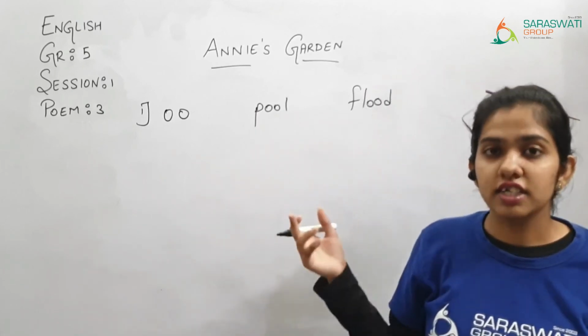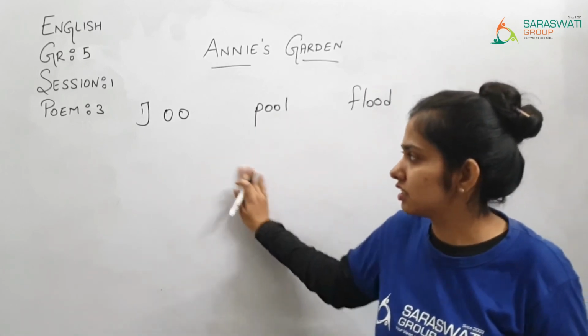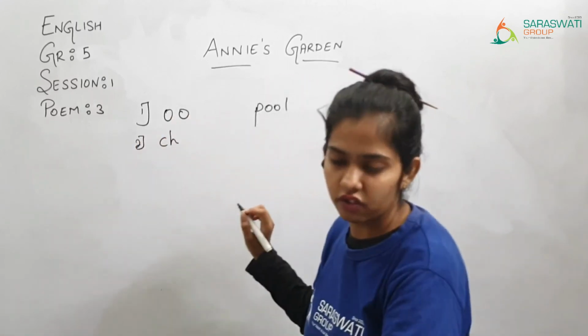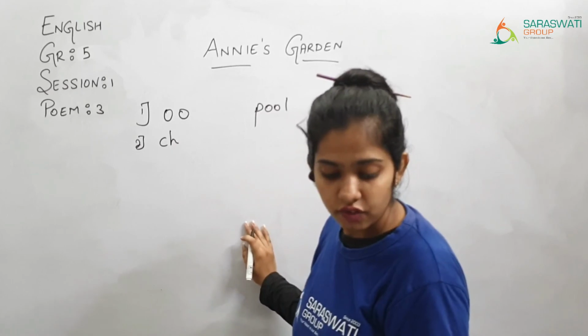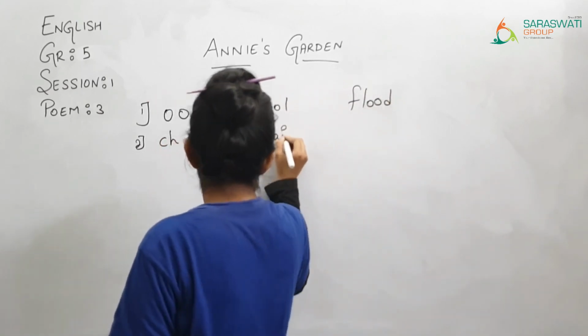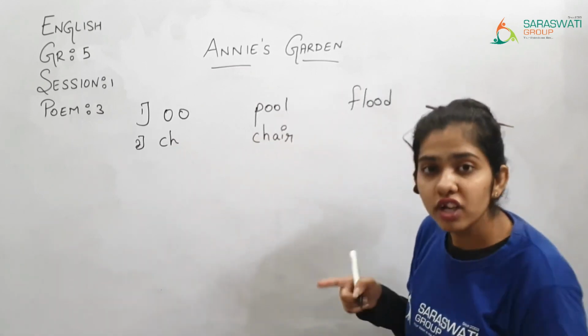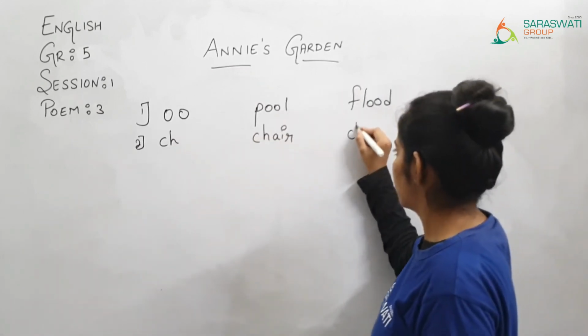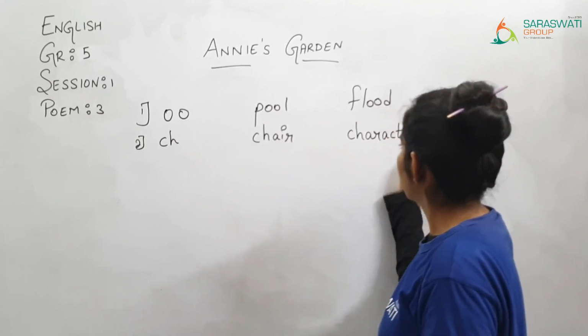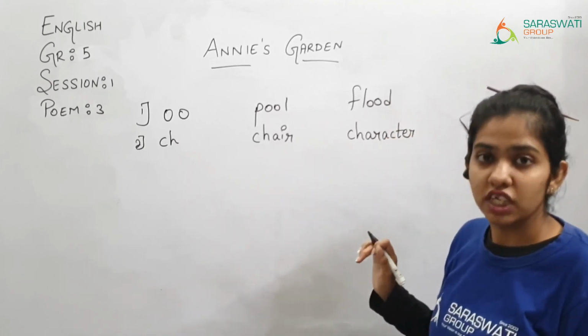Now we have to write such kind of words that start with CH, with different sounds. So one we are going to write with ch sound, that is chair, and one we are going to write with k sound, that is character. Character, right?